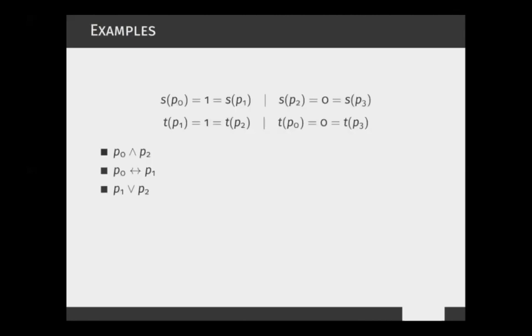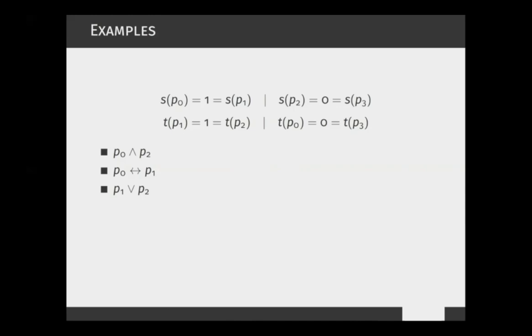Now let's consider some examples. We mentioned that in logic, we are always concerned about whether certain formulas are true or not. Let's consider whether these formulas are true under these assignments or not. The first formula says P0 and P2, and we just saw that this should be true only when both P0 is true and P2 is true.